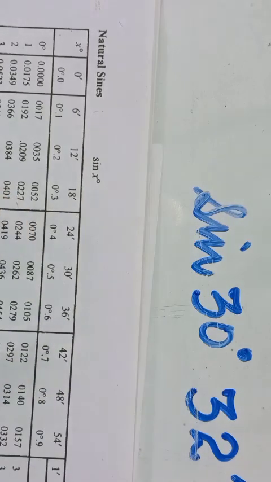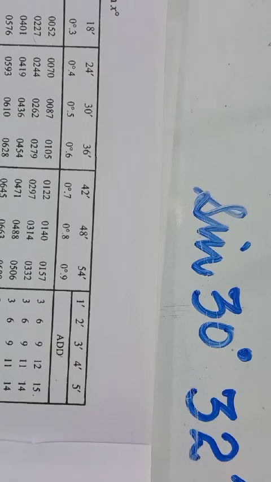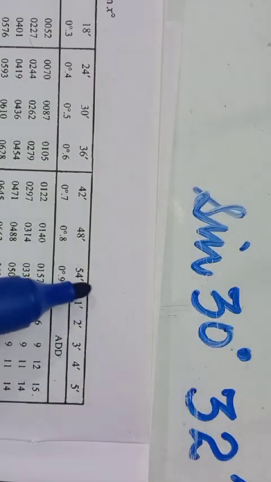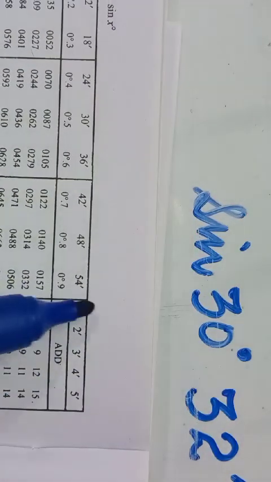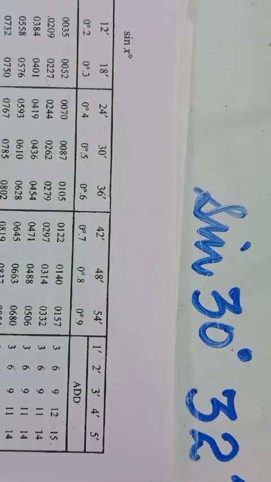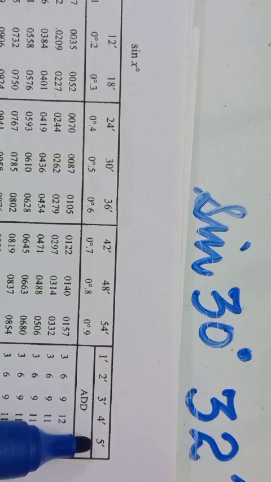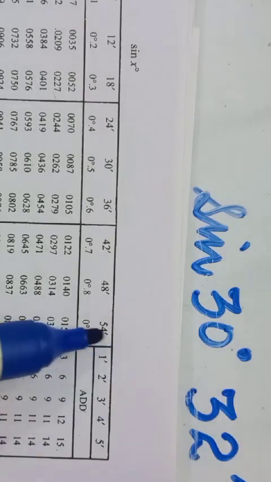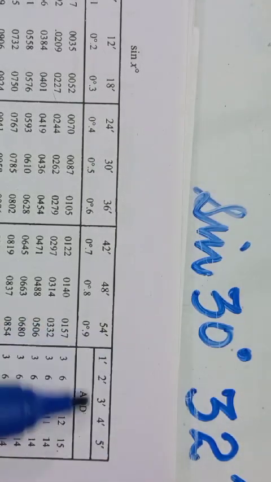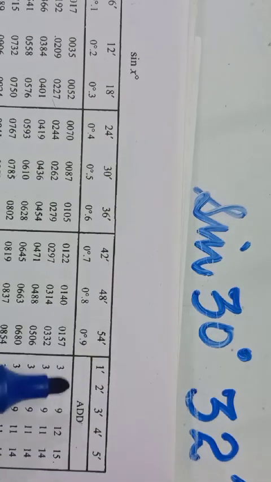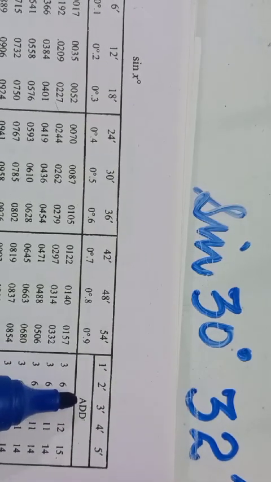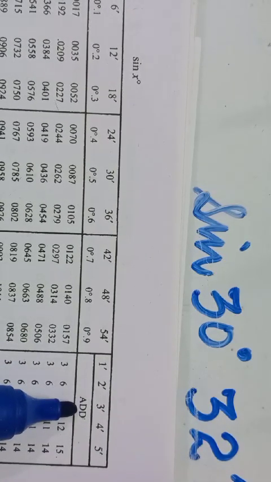Okay, so for that you have something which is known as the difference over here. These last 5 columns that you see are known as the mean difference. So how are you going to use this? Just below that you can see that add is written over here.